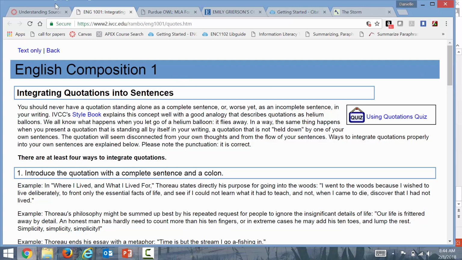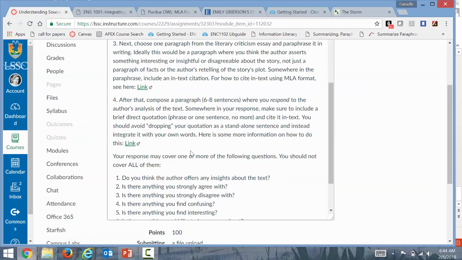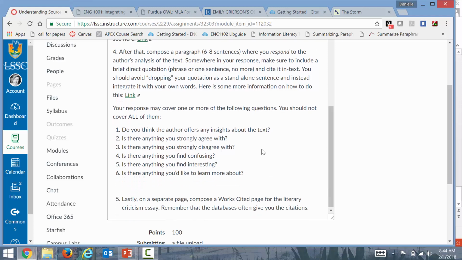I'm grading on, do you do all the things I'm asking you to do? I also tried to give you some ways to provoke a response here, in case you're stymied and going, well, I don't know what to respond to or how to provoke thoughts toward the author. That's something to think about.